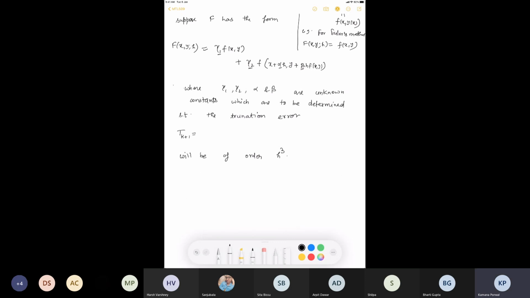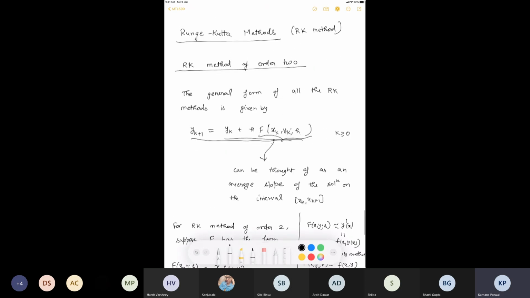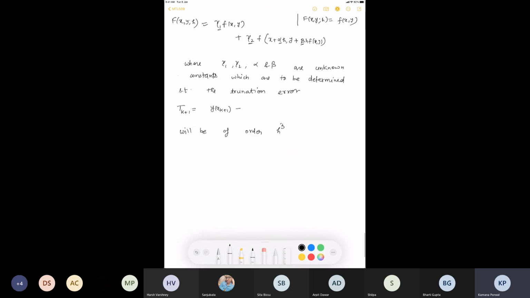So it is going to be y at x_{k+1} minus, so I will have the term corresponding to this, right? So y at x_k plus h times f of x_k, y at x_k, and h.